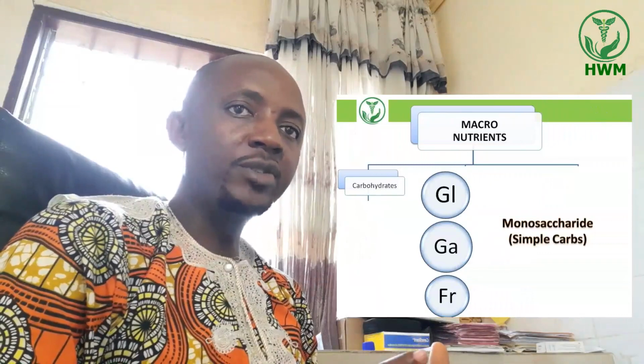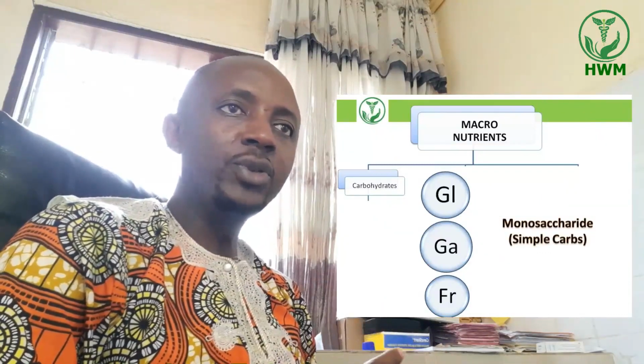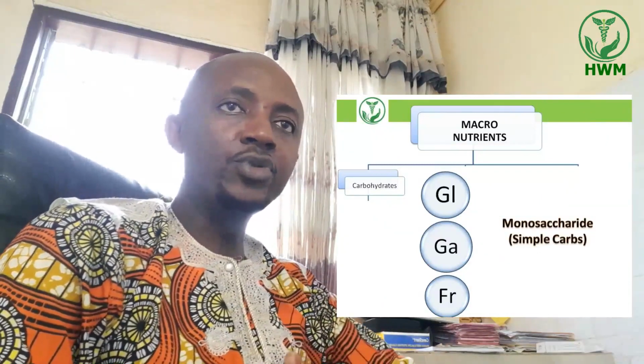So, to really summarize what I've been talking about, the different types of carbohydrates, have a look at this image on the screen, and you see the monosaccharides. These are the simple carbs, or the simple carbohydrates. There you have the glucose, you have galactose, you have fructose.